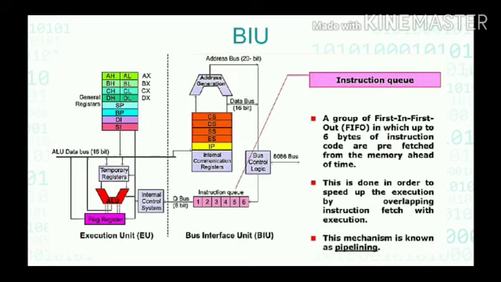BIU contains the IQ, a group of first in first out, shortly known as FIFO, in which up to 6 bytes of instruction codes are pre-fetched from the memory ahead of time. This is done in order to speed up the execution by overlapping instruction fetch with execution. This mechanism is known as pipelining.